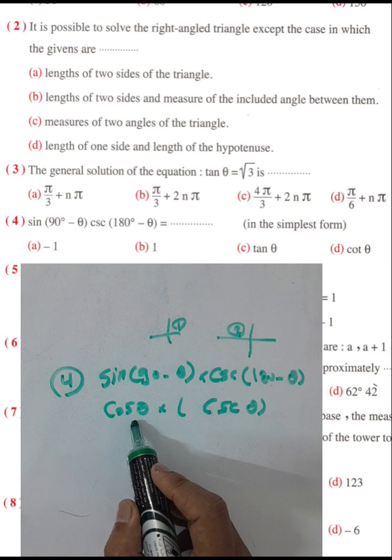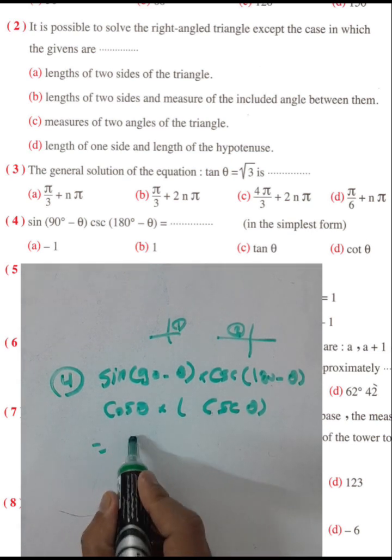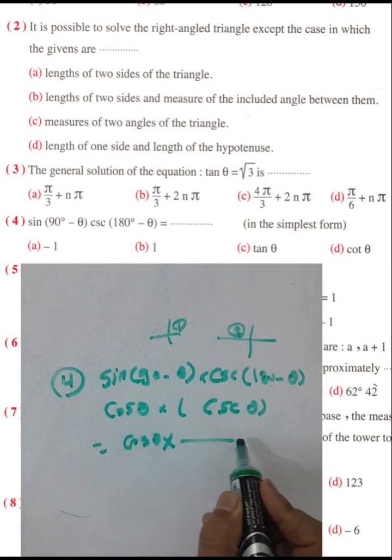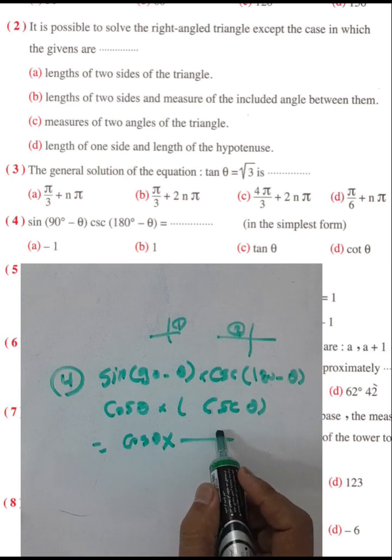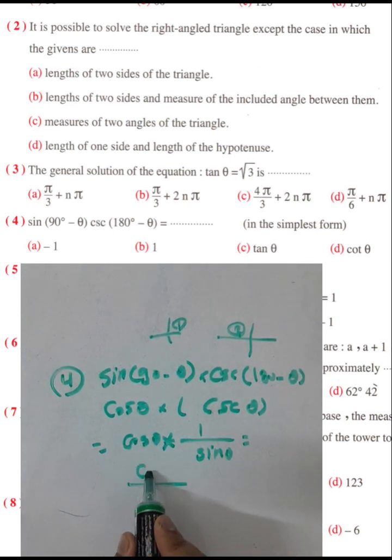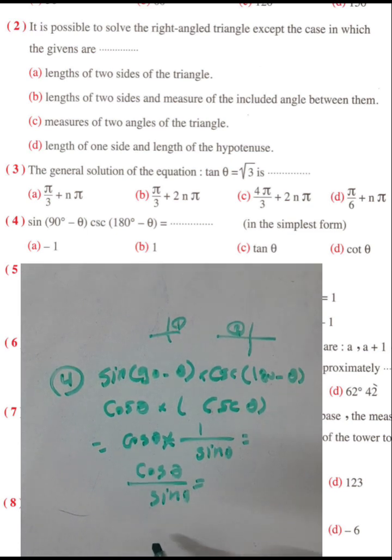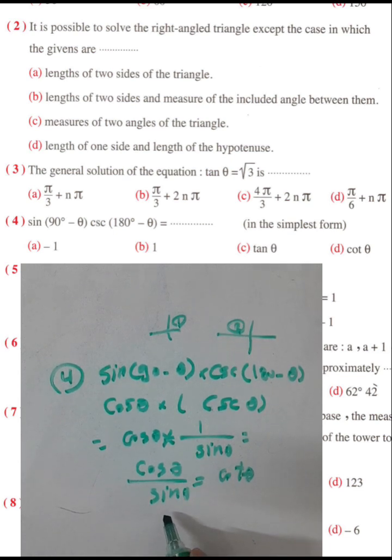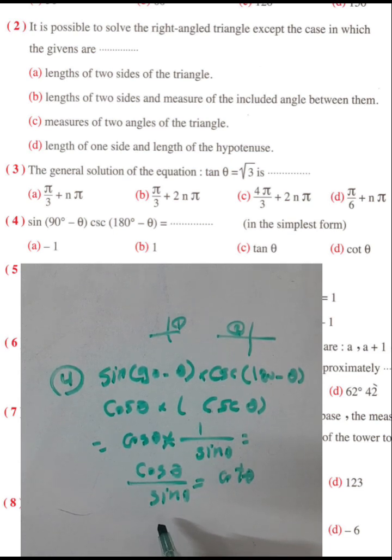Then cosine times cosec will be cosine theta times cosec, the inverse of sine, 1 over sine theta. The product between them will be cosine theta over sine theta. Cosine over sine will be cotan theta. The result will be letter D for question number 4.